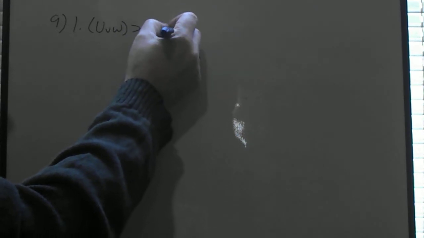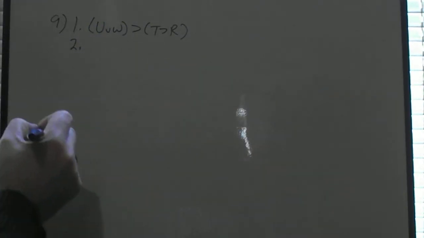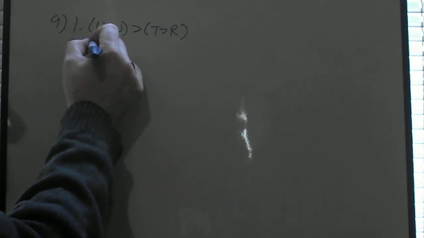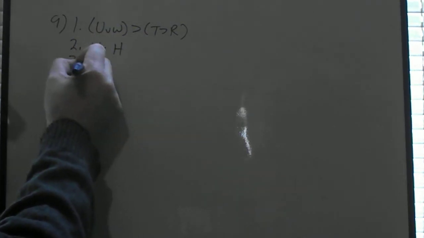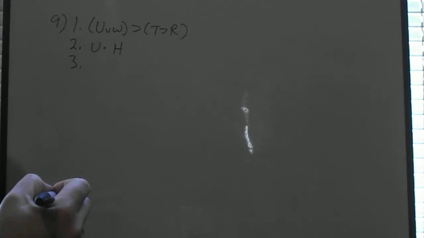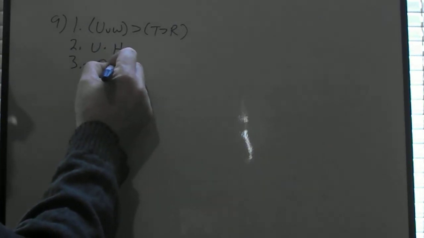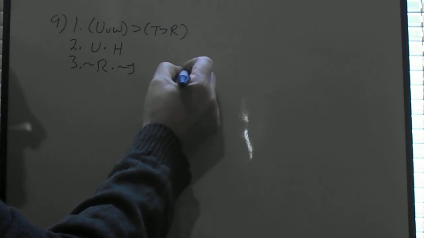We have U or W, then T, then R. Two is U and H. 3 is, I keep losing it, not R and not J. Therefore, the conclusion we want to reach would be U and not T.